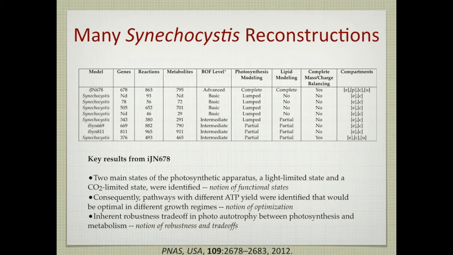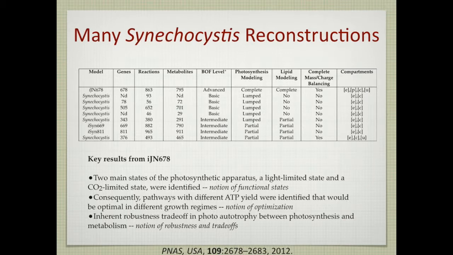And it shows a few things summarized in these three bullet points. There are two main states of its metabolism, as you might expect. There is the photosynthetic apparatus under light conditions, and then the CO2 limited state during fixation.